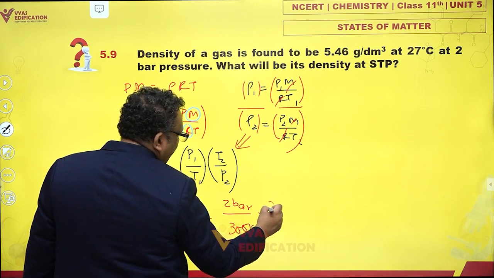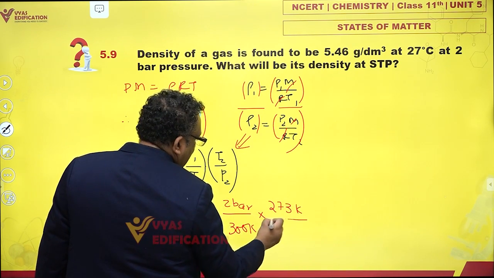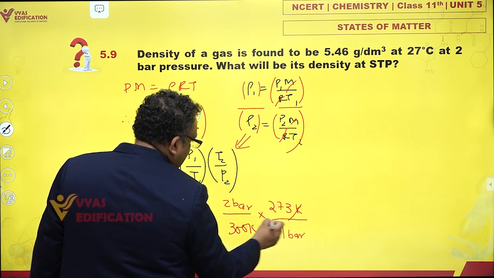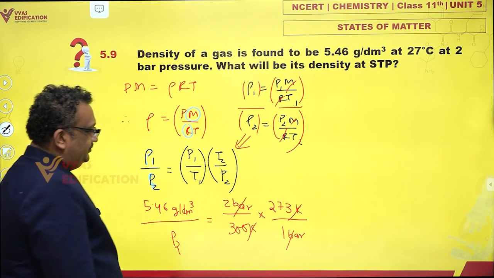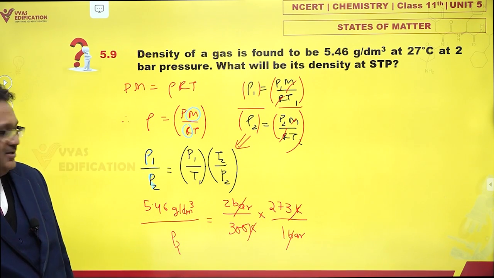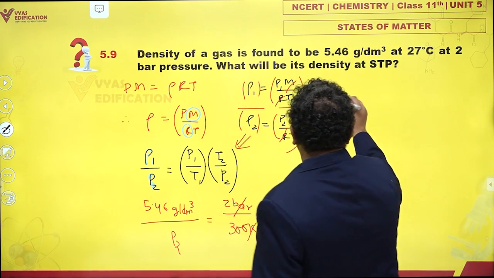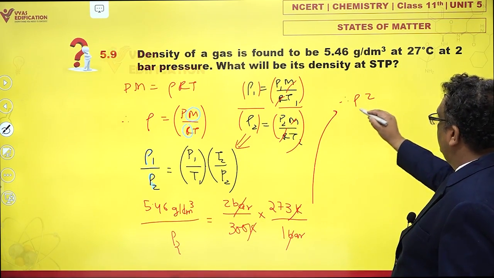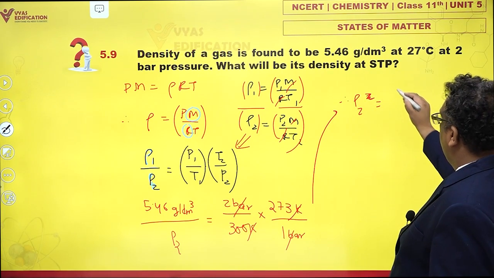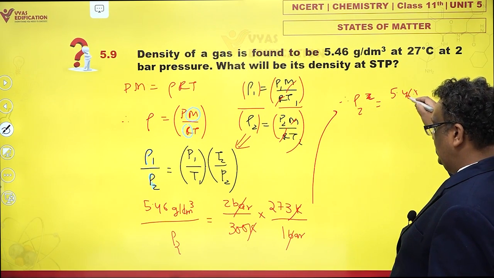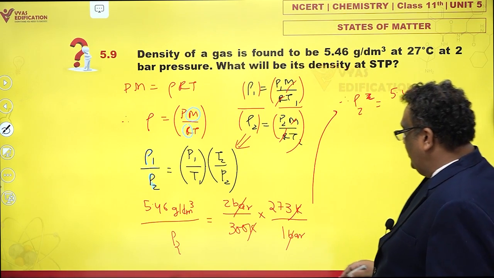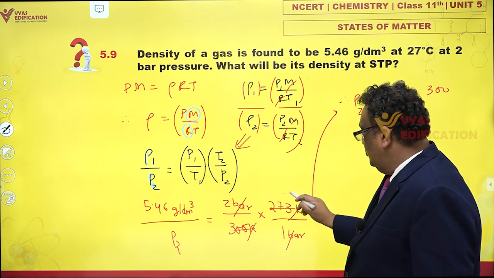STP is 273 Kelvin and 1 bar pressure. That's it. So rho 2, solve this, is 4.56 into 300. Now 300 and 273 if you divide, you get 0.91.